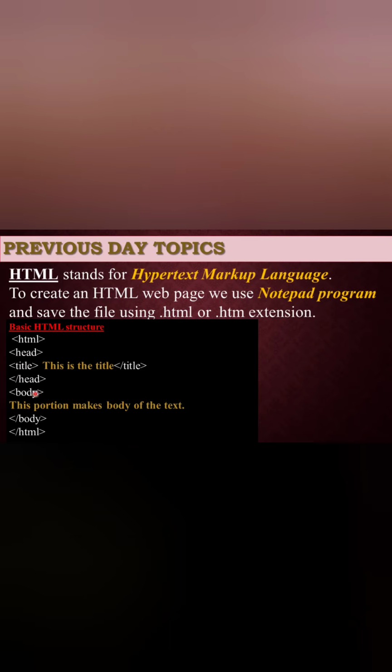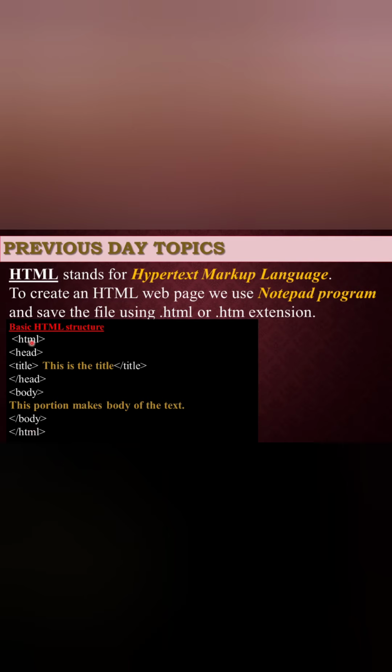For creating that body portion, we are using this body tags. Okay. So once you open the body tag, then you have to enter the information needed to display on your web page. Then you have to close the body tag. Then at the end again you have closed the HTML tag. Okay, so this is the basic HTML structure.